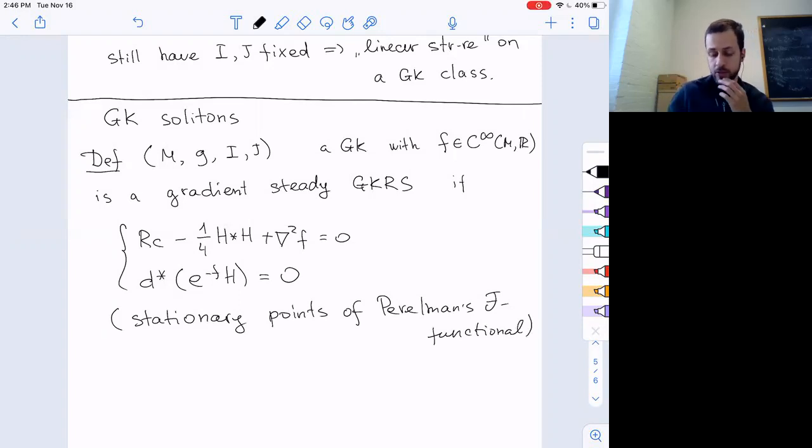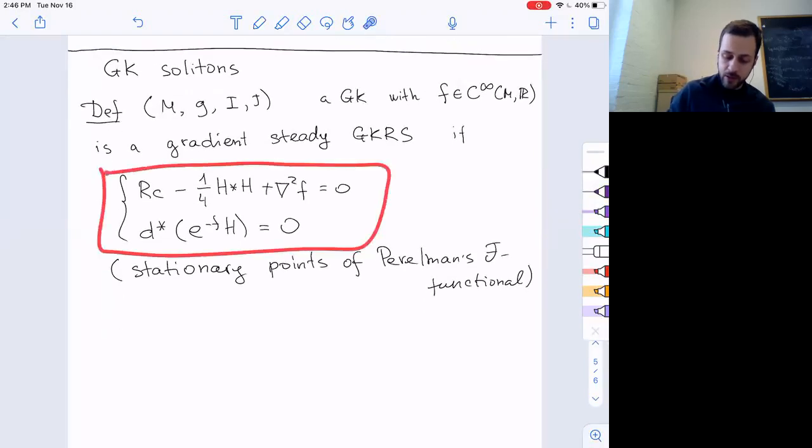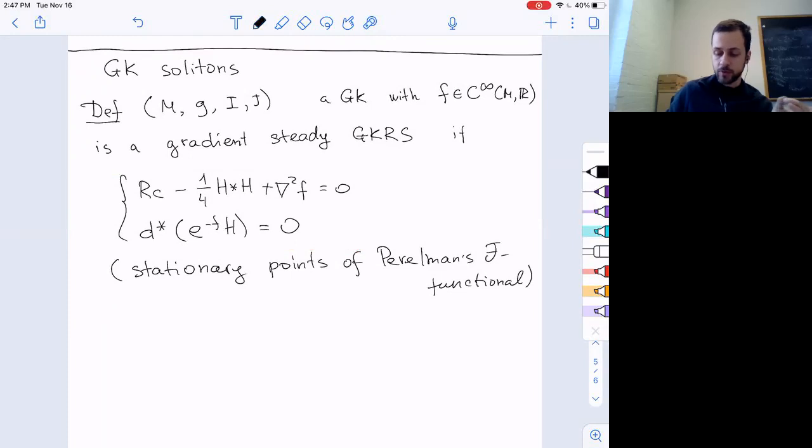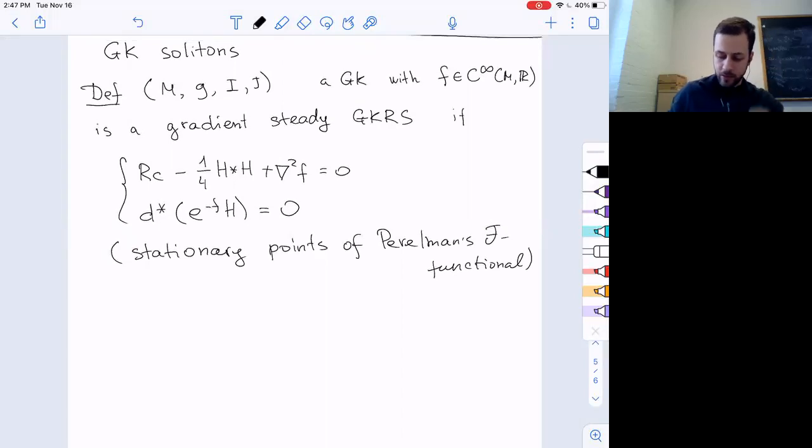And for instance, a consequence of the fact that these appear as stationary points is that they are fixed points of generalized Kähler Ricci flow on compact backgrounds, or on complete backgrounds with appropriate decay, if you also allow flow by diffeomorphism. So we are interested in this, and the one example which I can give right away is the standard Hopf surface, the one we considered.